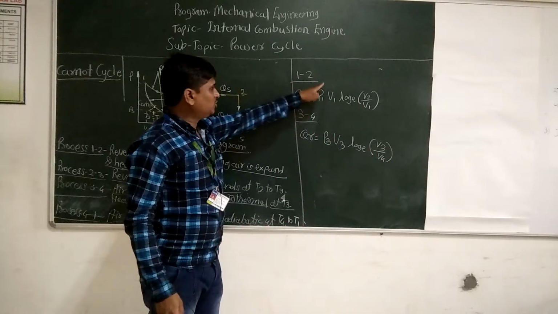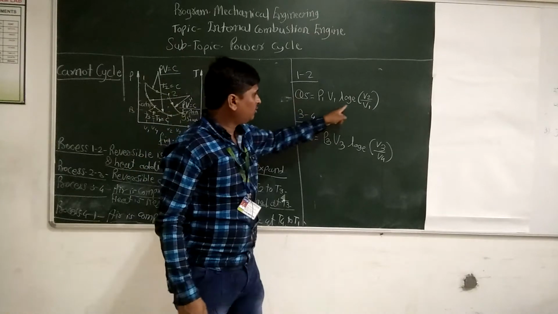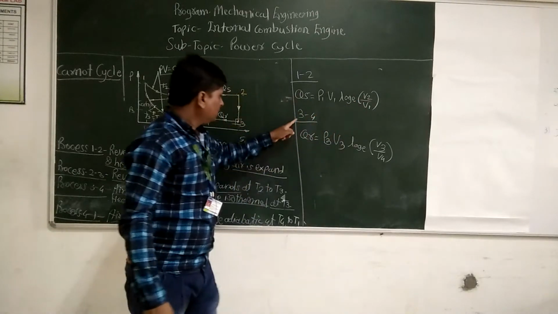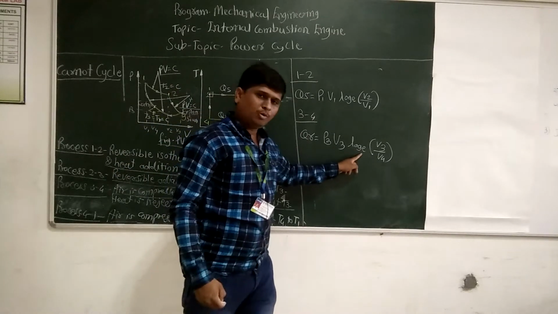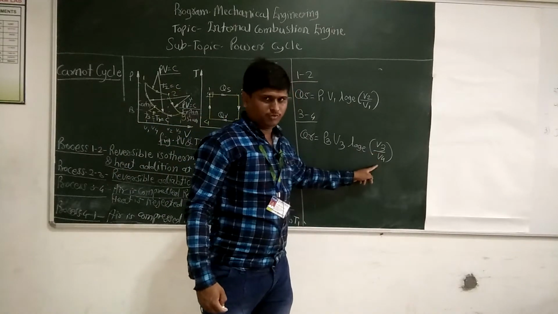So for process 1 to 2, heat supplied is P1 V1 log of e V2 upon V1, and for process 3 to 4, heat rejected is P3 V3 log of e V3 upon V4.